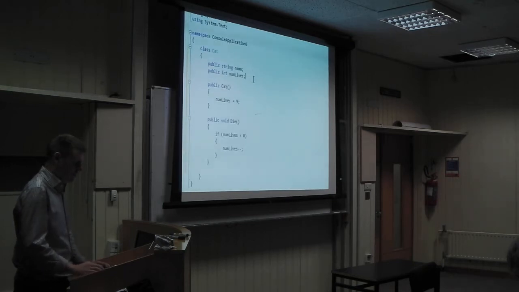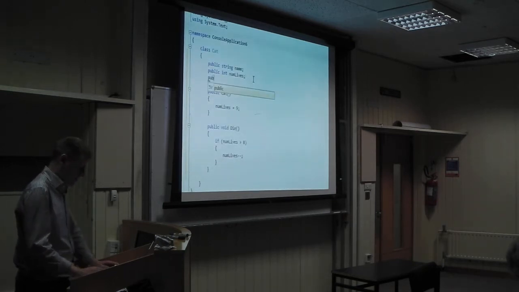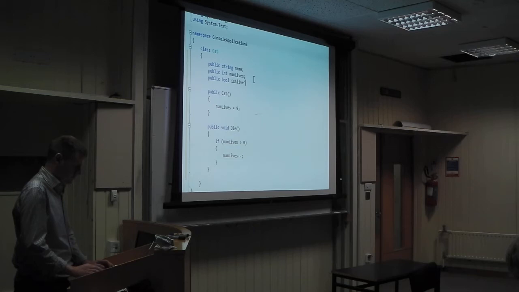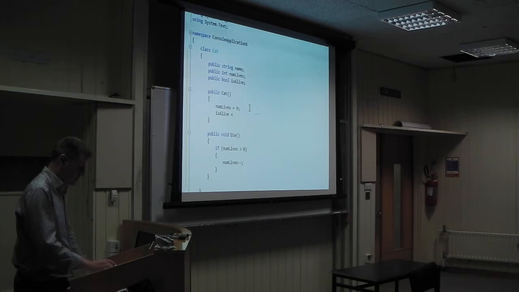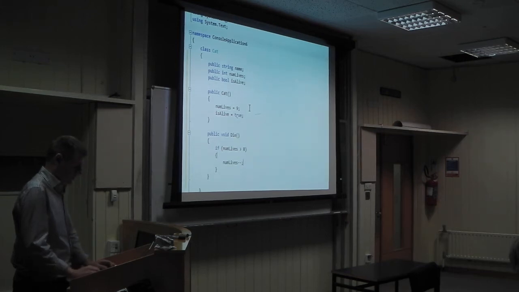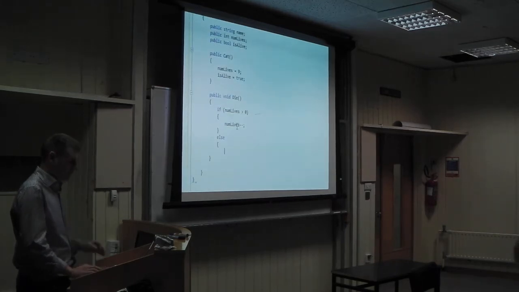We might as well also put in a boolean here: is alive. So when the cat is created, we can set is alive to be true. In fact, let's do this the right way.